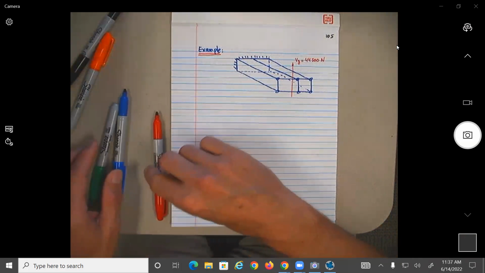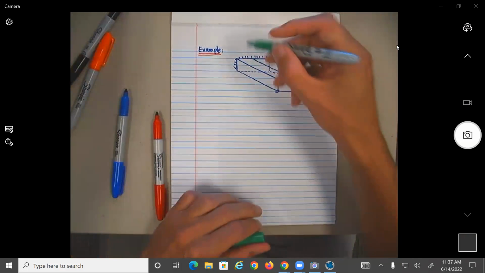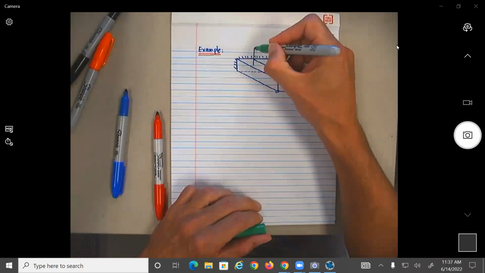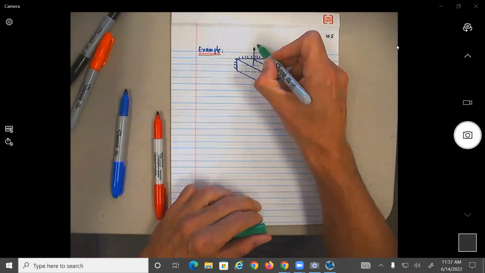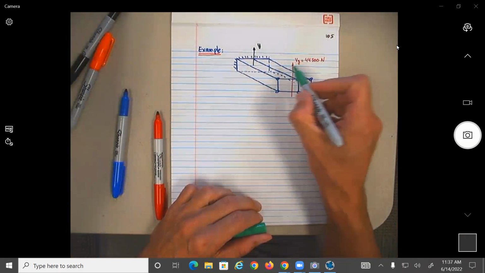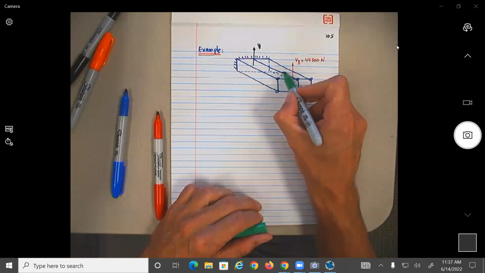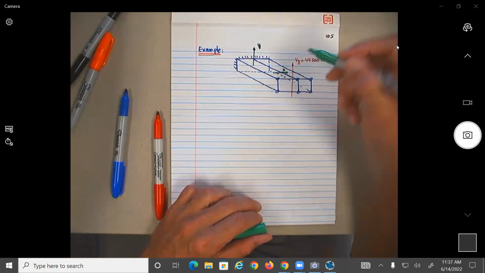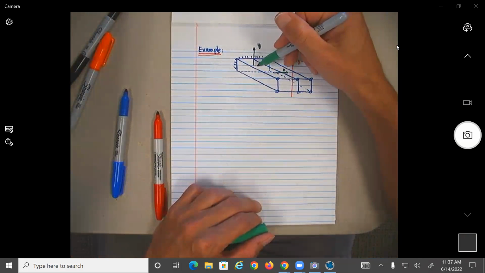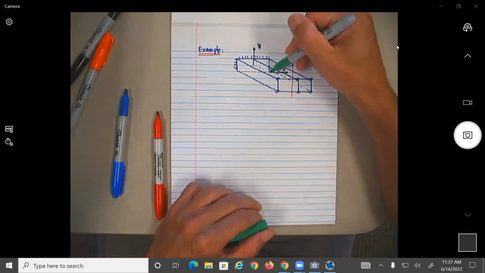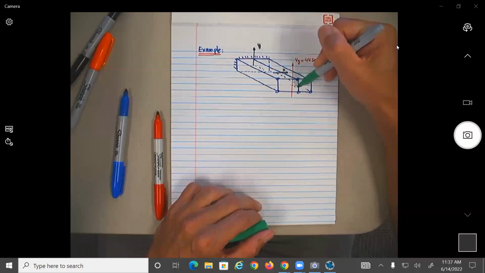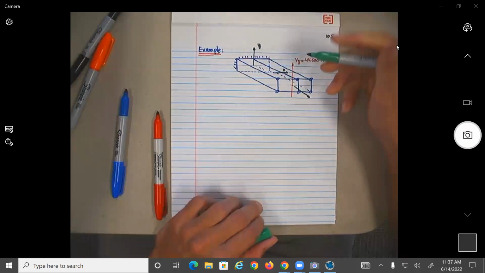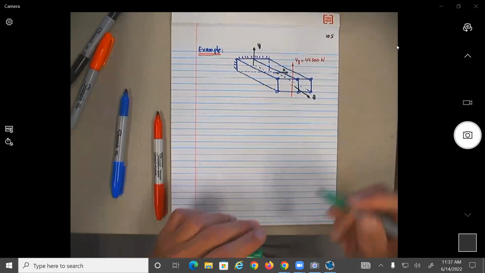Coordinate system here is going to be x, y, and z.